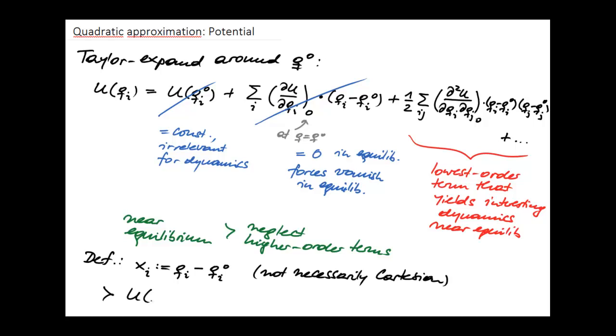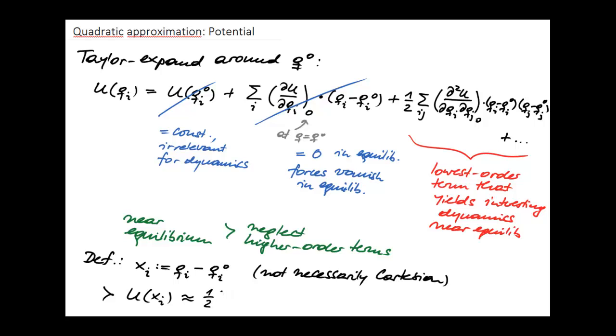Now, in terms of these new coordinates xi, and in the quadratic approximation, so we drop all terms of order x cubed and higher, the potential acquires a very simple form.